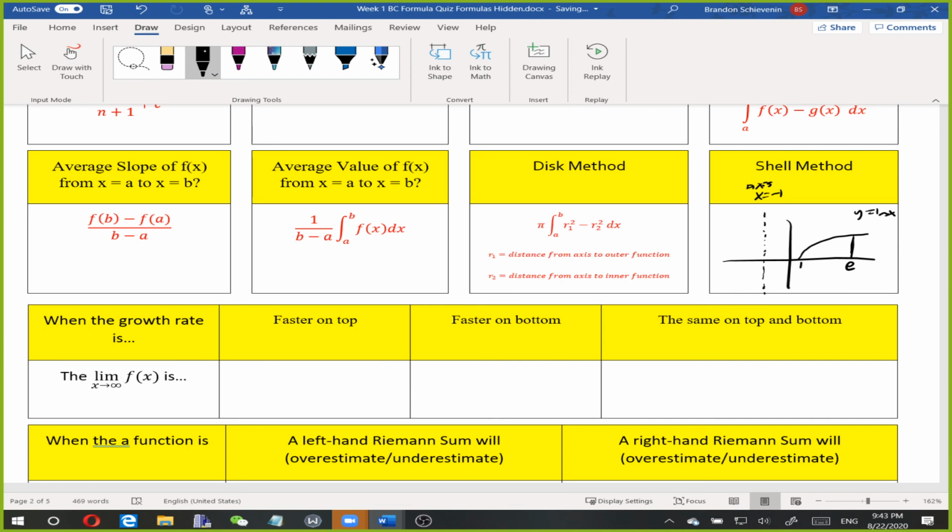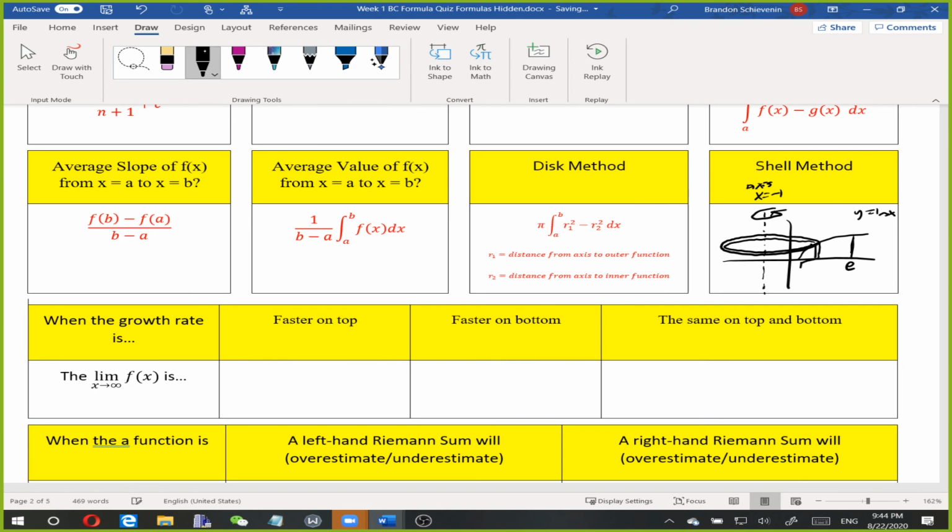Okay, so in this case, because I'm spinning around a vertical line, the fastest way to do this would be shell method, because it allows me to not change my variables. So what I like to do is think of this as being an infinitely small box that we're going to spin around our axis of rotation to create our disk.